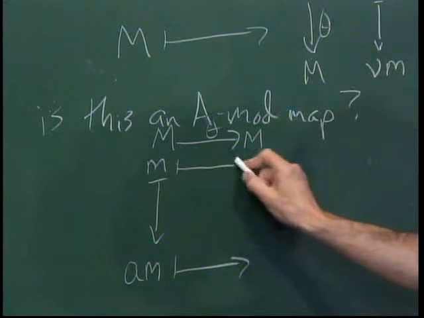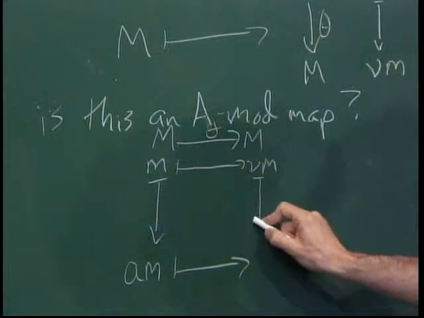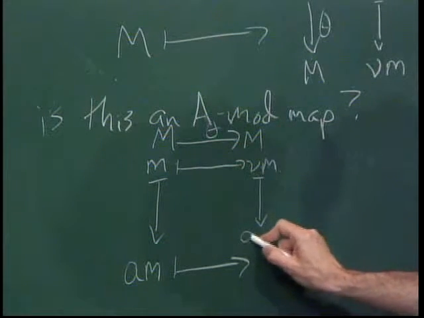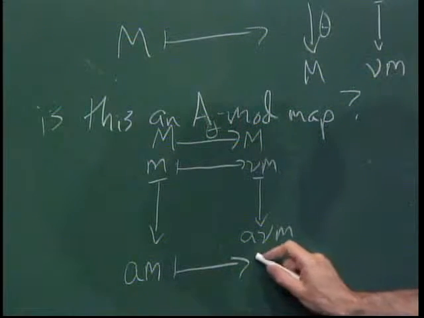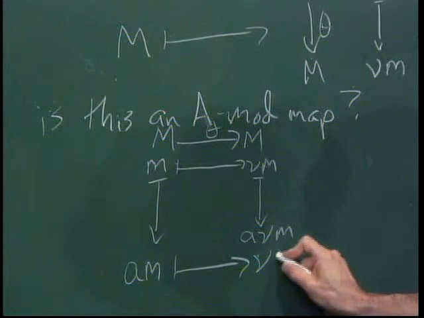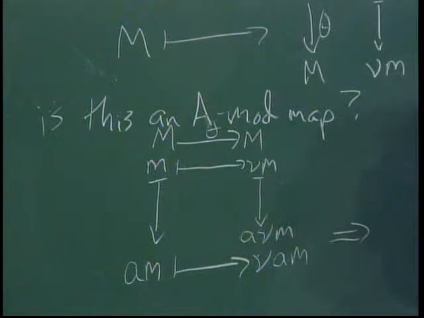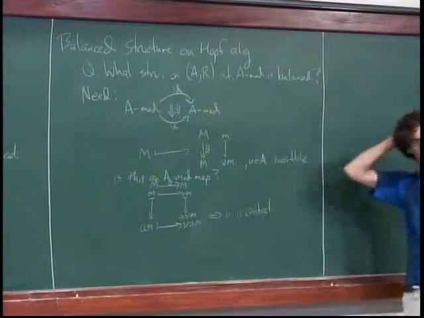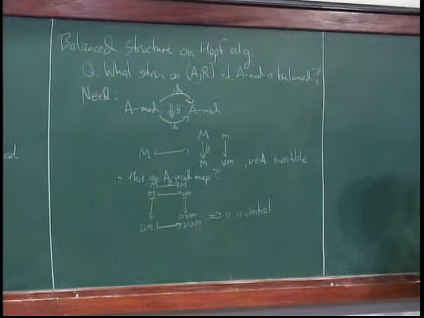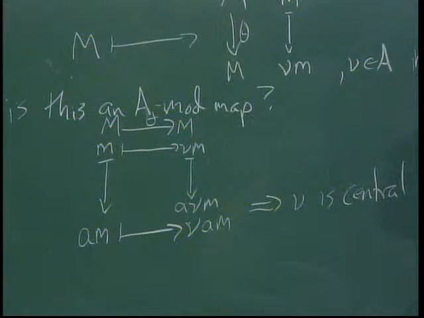So that takes M to nu times M. And then if I act by A, that goes to A nu M. But if I act by A and then take the twist, then I get nu A M. And so for those two things to be equal, I need that nu is central in A. So we're actually looking for an invertible central element of our algebra.